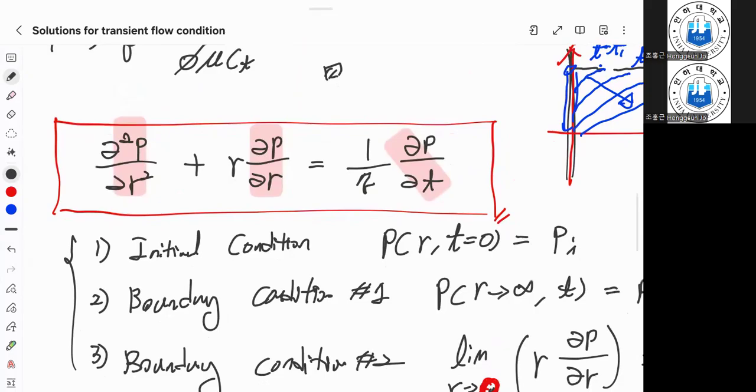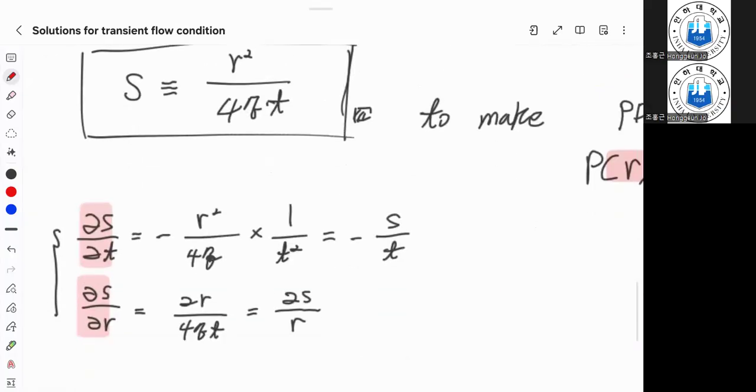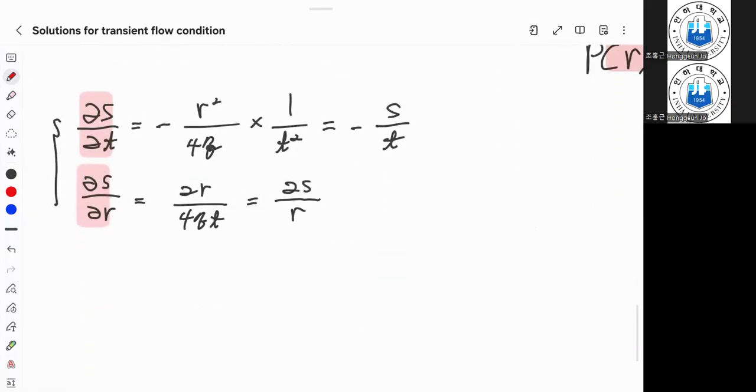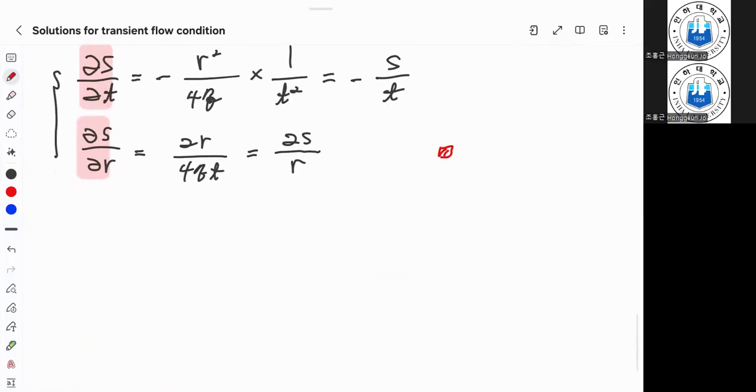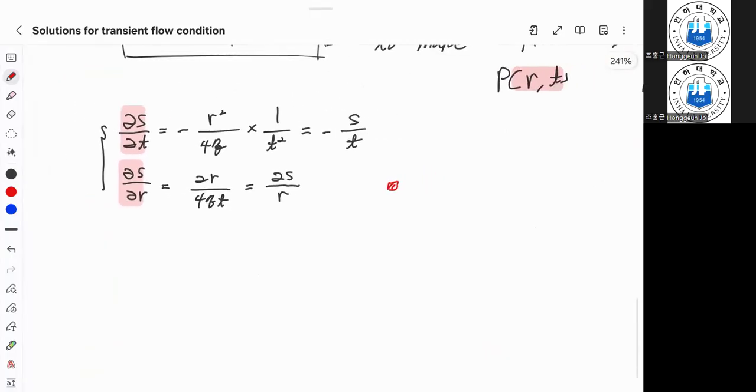In the equation, as I said, we have this one, this one, and this one. We are going to solve it in that order: this one first, then the second, and the last. In doing so, we use these two equations. First, we convert partial P over partial t.